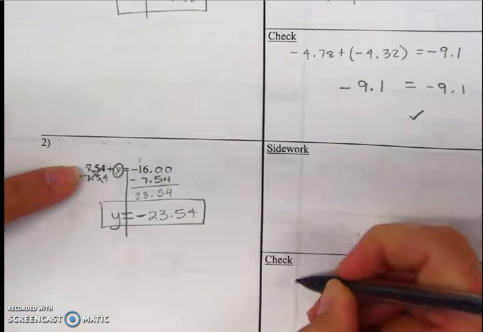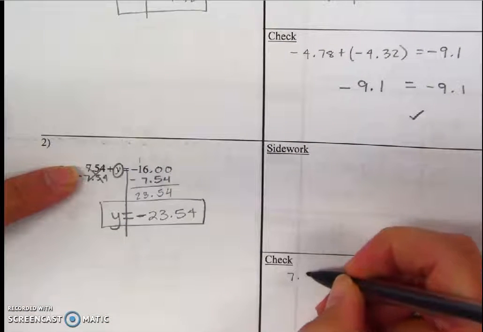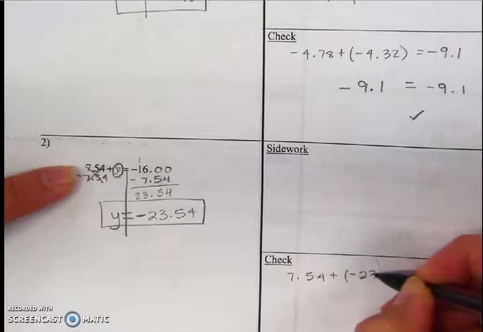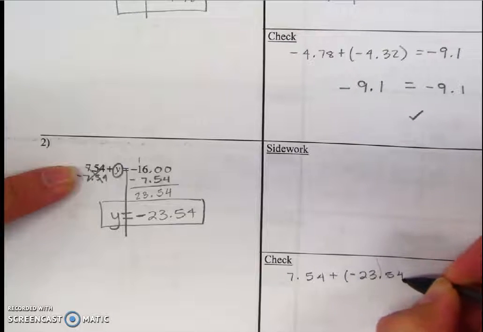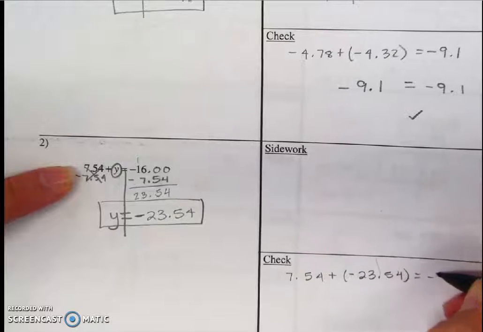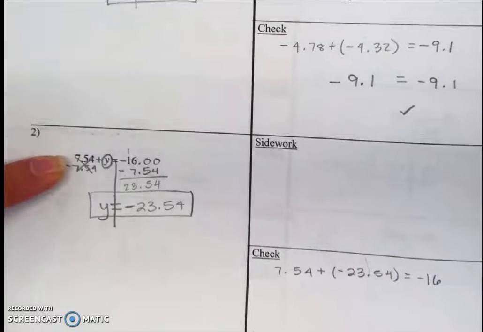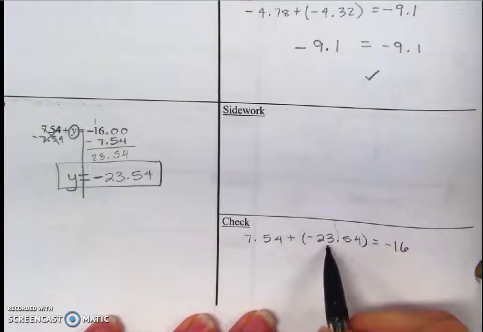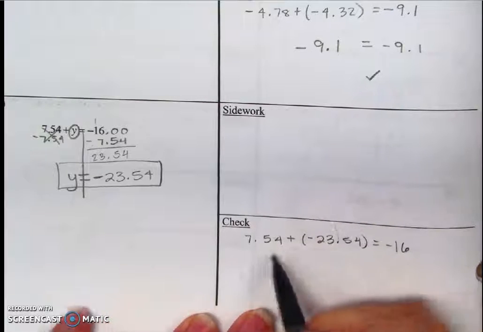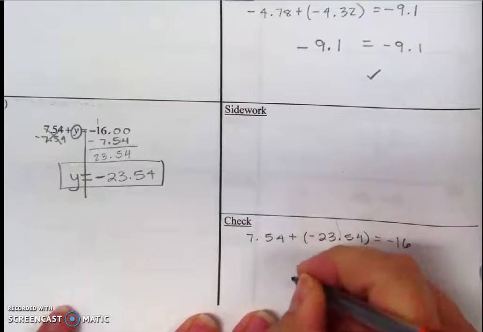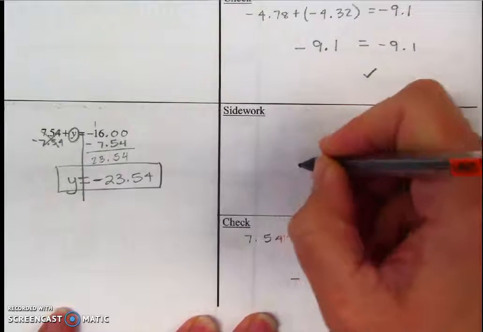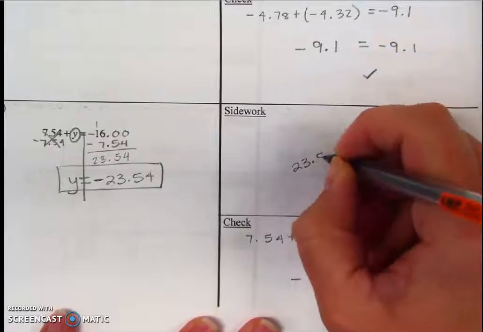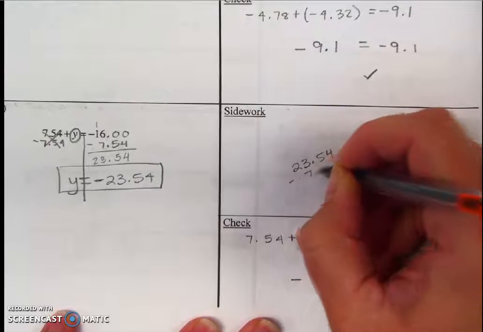Now I check. That means I should be able to take 7.54, add negative 23.54, and get negative 16. That's what that means. So that's what we're doing when we're solving equations. Here I've got more negatives than I have positives, so I'm going to have to subtract, and my answer is going to be negative. When I subtract, that's where I'm going to use that side workspace, 23.54 minus 7.54.